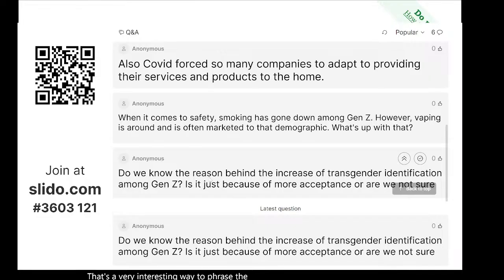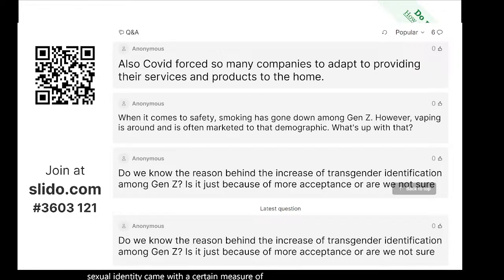All right, let's start at the bottom here. Do we know the reason behind the increase in transgender identification amongst Gen Z? More acceptance? Are we not sure? Prior to when it started to recede, I think people were thinking it must have been about more acceptance. One theory people are starting to talk about is that potentially there's a sociogenic effect going on. The reason people think this is that female bisexual identification jumped so much, and having a non-conventional gender or sexual identity came with a certain measure of social status.